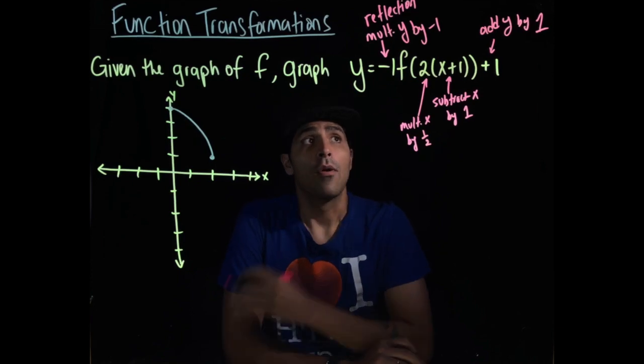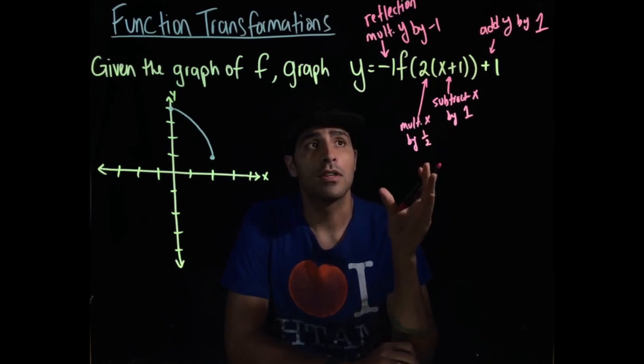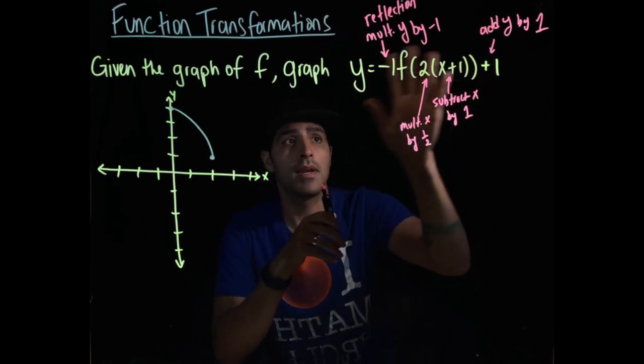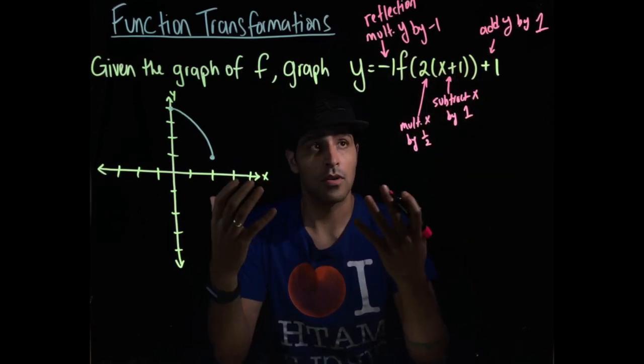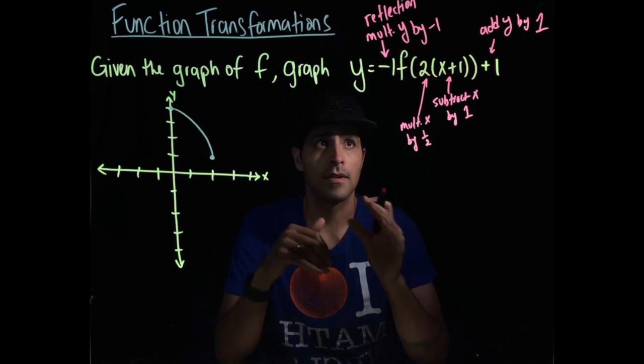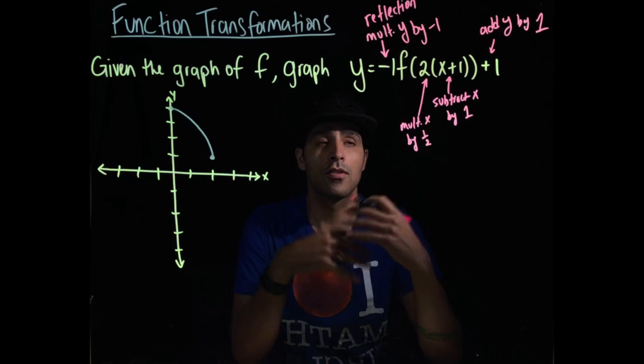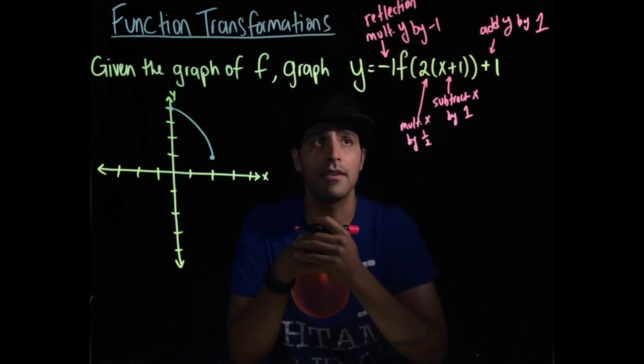Once you've identified what the transformations are going to do, another important thing to keep in mind when you have so many happening is that there's actually an order that you want to do this in, just to be safe. Sometimes the order doesn't matter, but at other times it will matter. So just to be safe, you kind of want to think of it as PEMDAS.